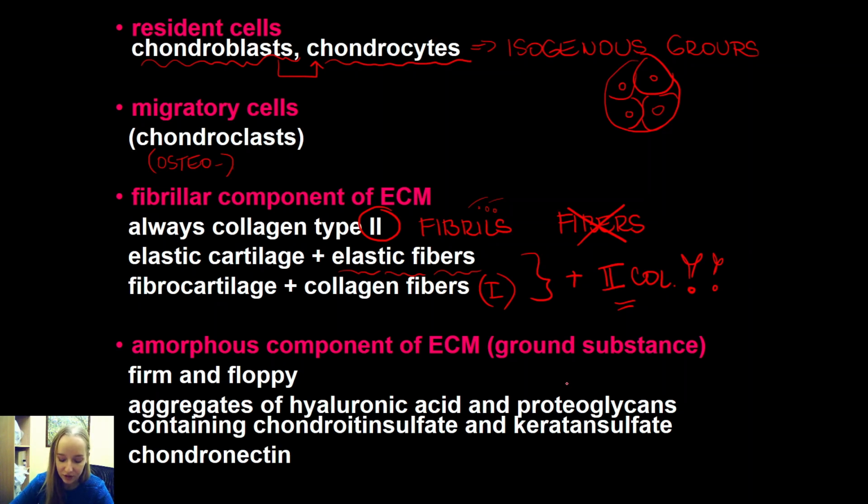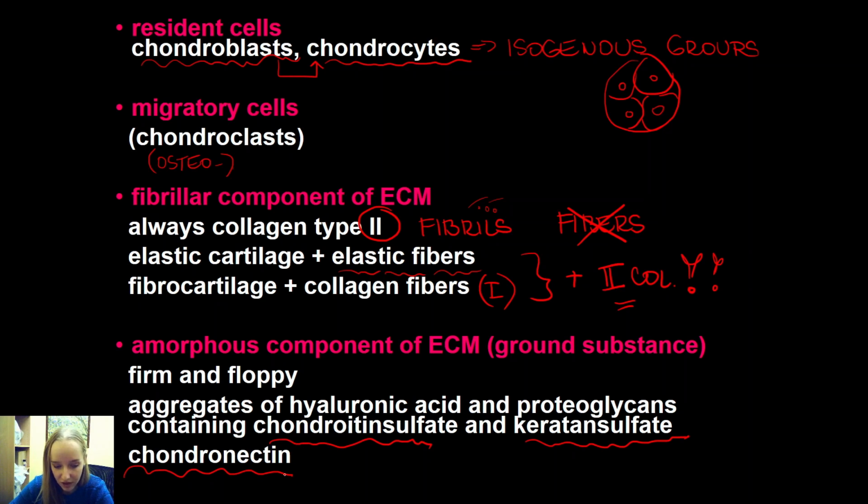The amorphous component of the intercellular mass are aggregates composed of hyaluronic acid and proteoglycans containing chondroitin sulfate and keratan sulfate. Chondronectin is an example of a structural glycoprotein. Chondronectin. Remember these structural glycoproteins connecting everything together.